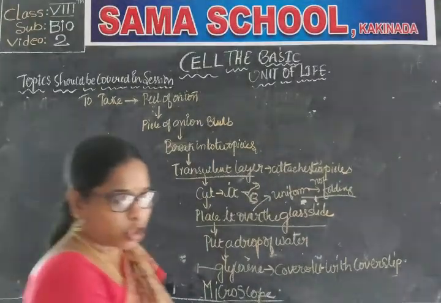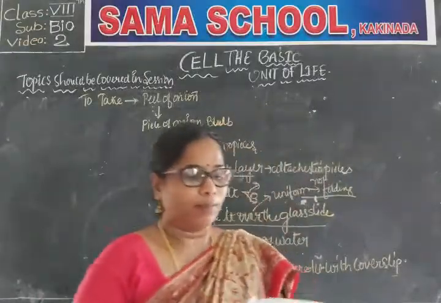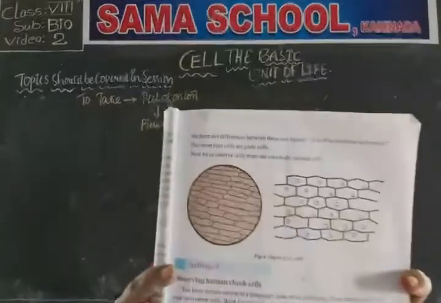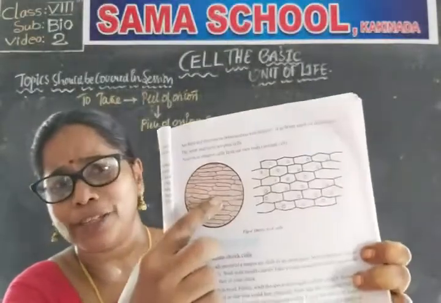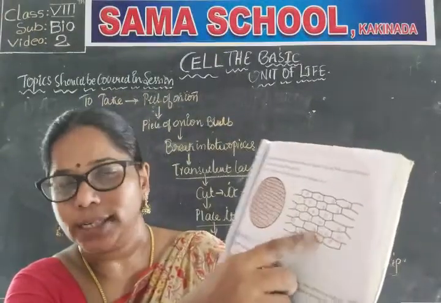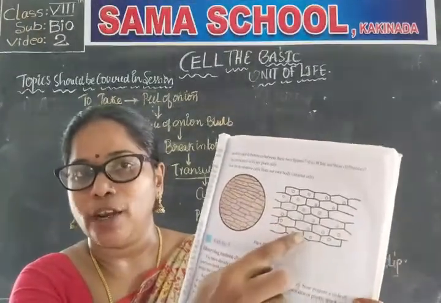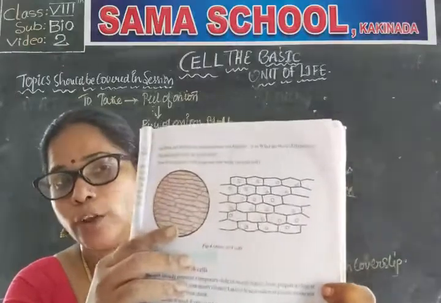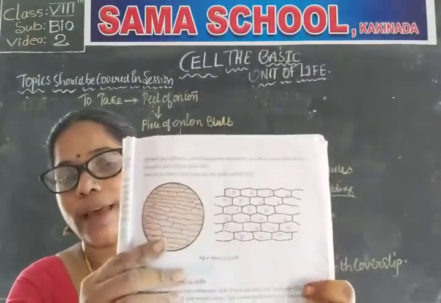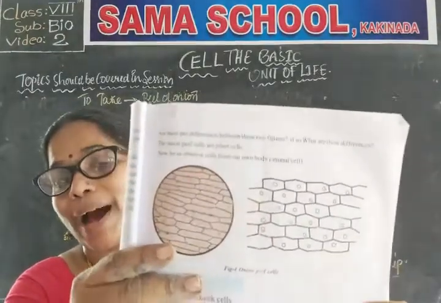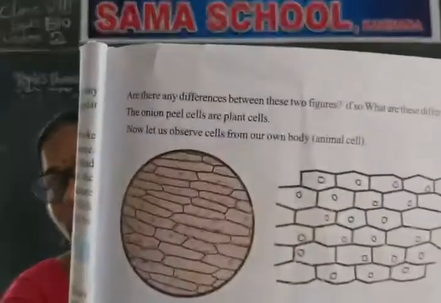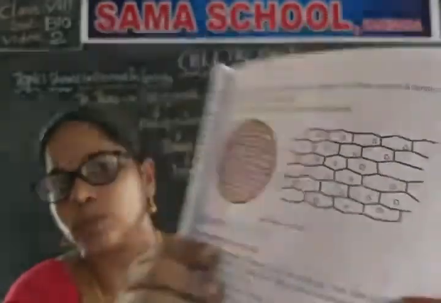Then here I am showing this book to everyone. Are you observing the picture? This is the onion cells, the peel of onion cells, and I want to draw some of the parts of these. I hope that everyone is watching here.